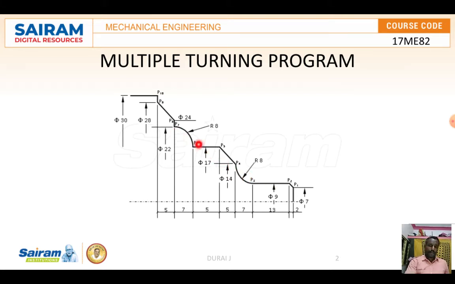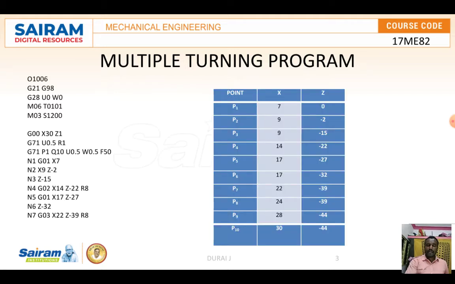We can always insert the single point cutting tool in the first slot, so there is no need to change that tool. So 0101 only you can select, and M03 is the spindle rotation in clockwise direction.